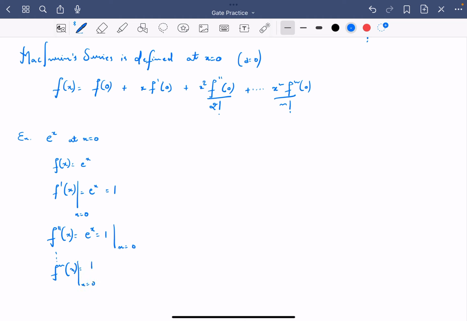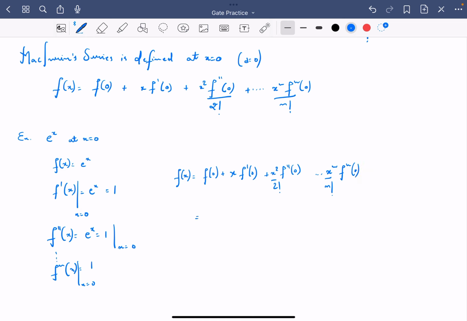equal to 1. So the Taylor series expansion is given by f of x is equal to f of 0 plus x f dash of 0 plus x square f double dash of 0 divided by 2 factorial and so on till x raised to n divided by n factorial, f nth derivative at 0.